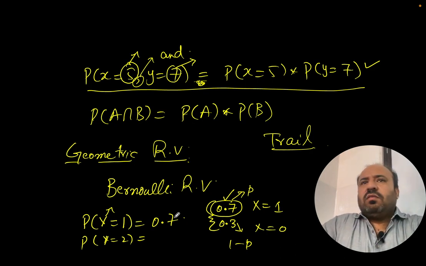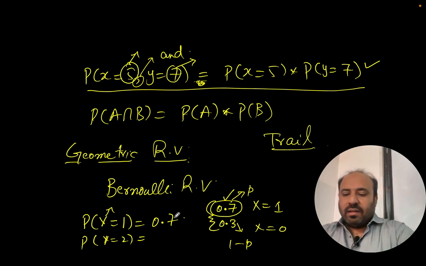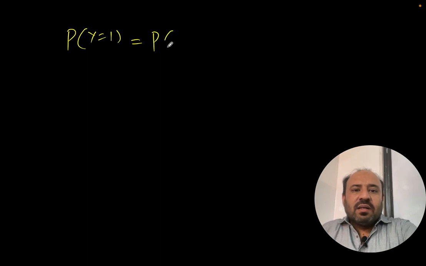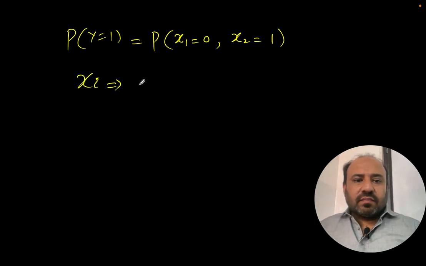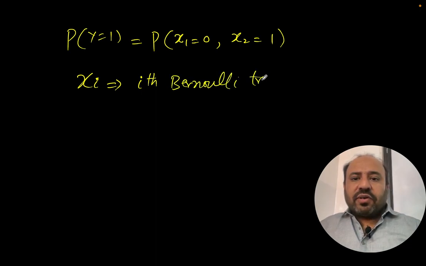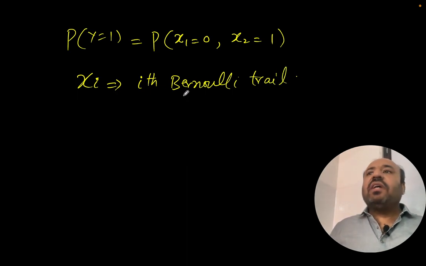Basically I'm asking this. The probability that y is equal to 2 is the same as the probability that x1 is 0 and x2 is 1, where xi is the value of the ith Bernoulli trial.